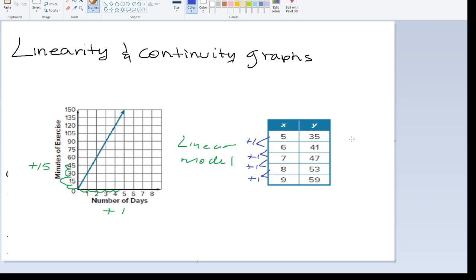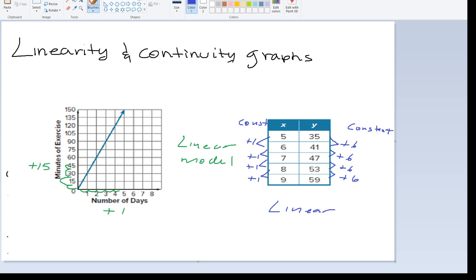Let's look at the y values. From 35 to 41, it's increasing by 6. From 41 to 47, also increasing by 6. And 47 to 53, increasing by 6 as well. And the last one, 53 to 59, increasing by 6. Notice how this change here, it's constant. It's changing at the same rate, as well as the x values. It's constant, so we can say that this is also a linear model.